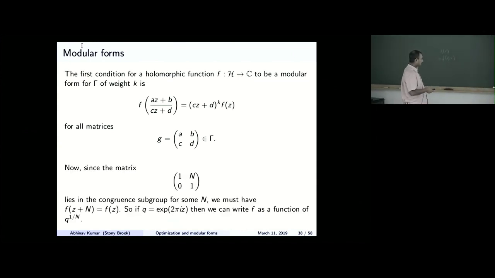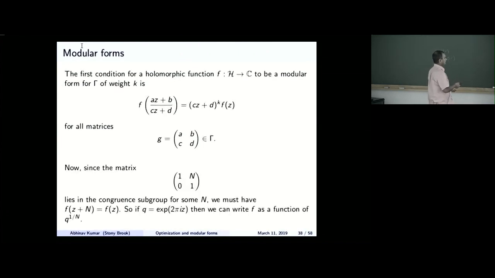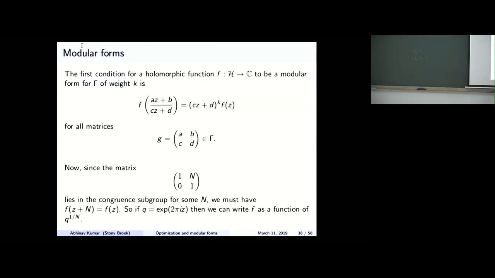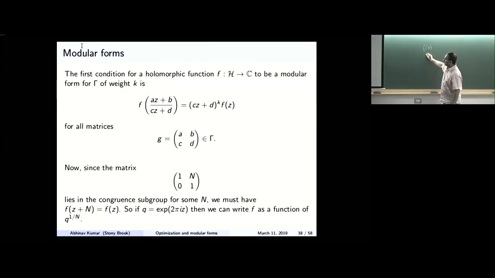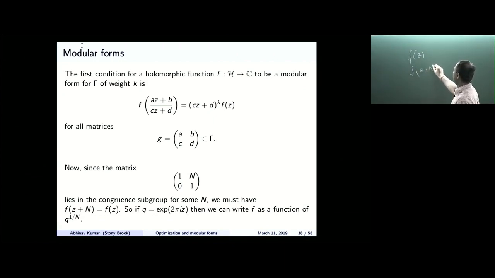It turns out that these modular forms have q-expansions. So f of z is a modular form, satisfies that transformation property. Then if you apply that matrix, that will tell you that f of z plus n is the same as f of z, because that transformation factor turns out to be 1.